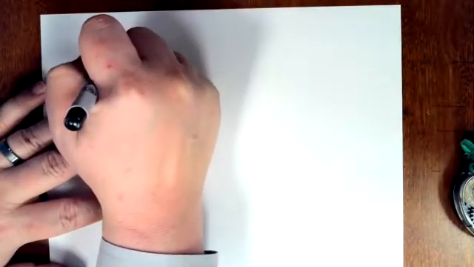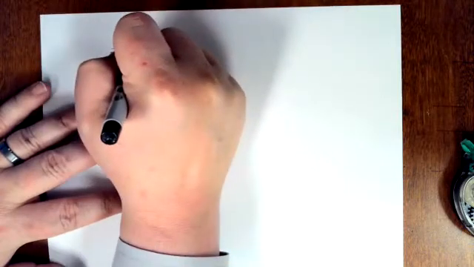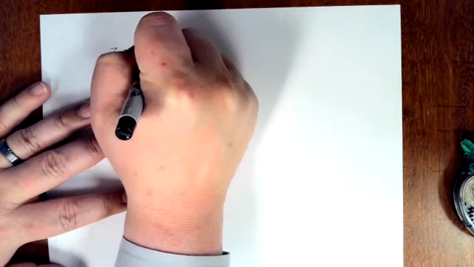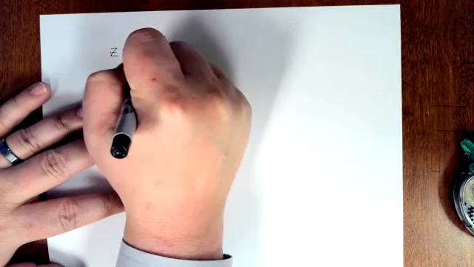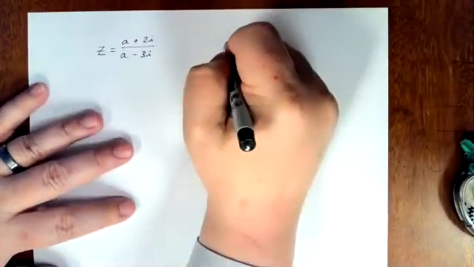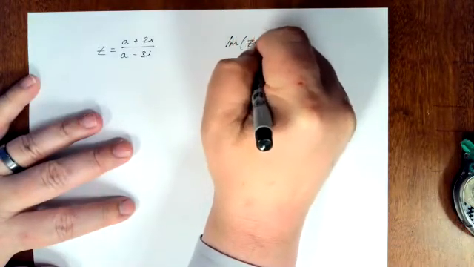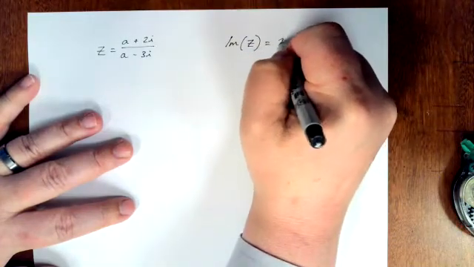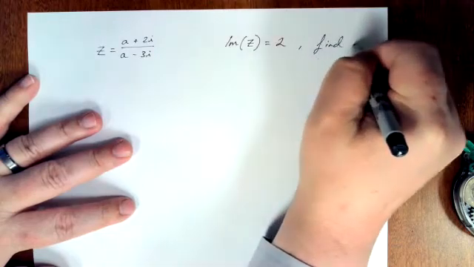If I told you that Z was equal to A plus 2i over A minus 3i, and I told you that the imaginary part of Z was equal to 2, find A.